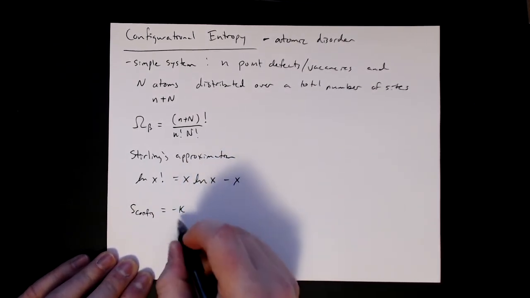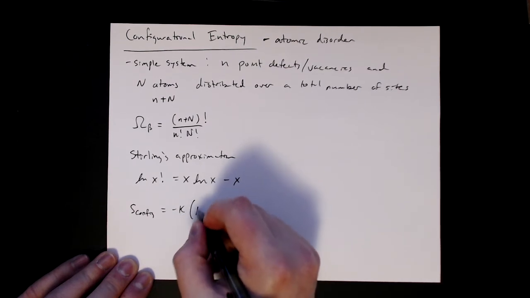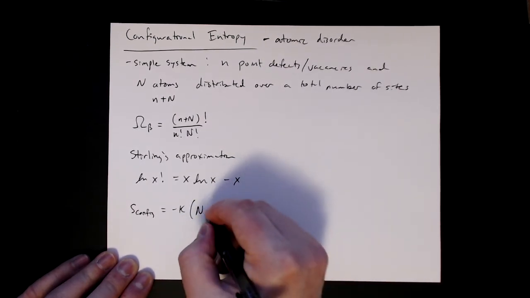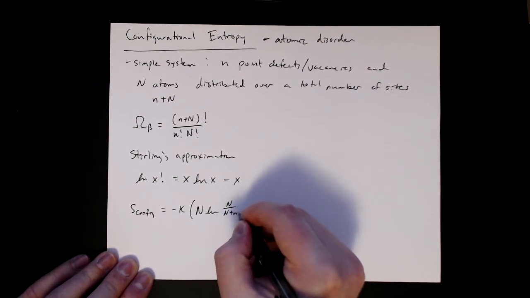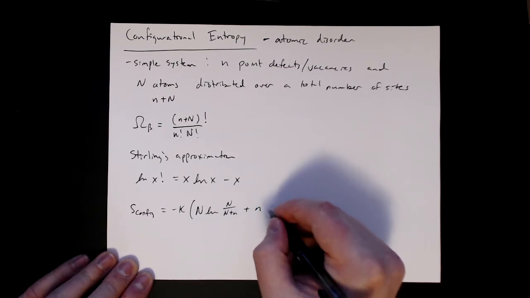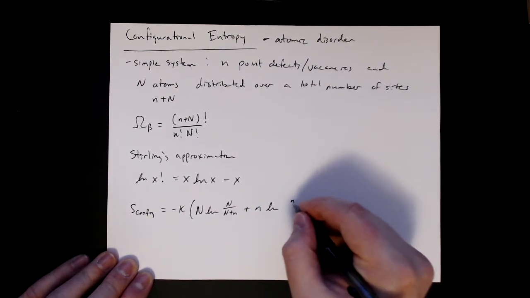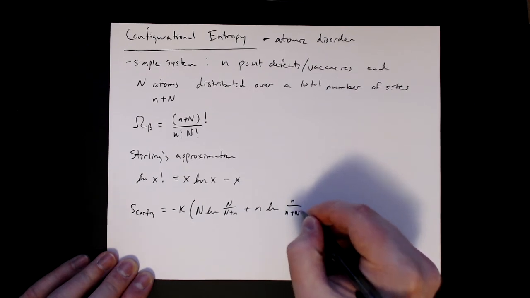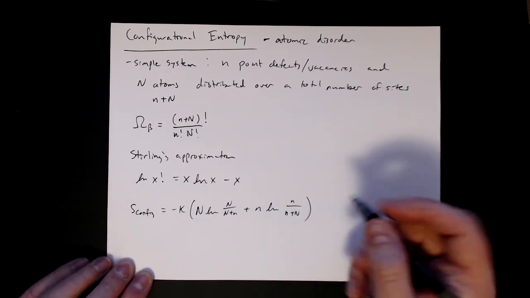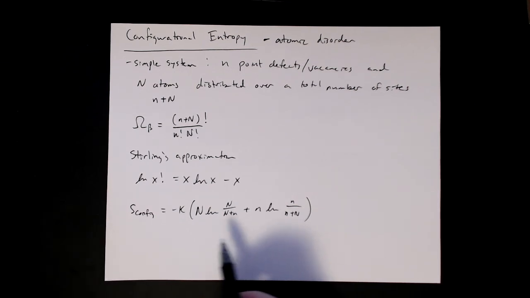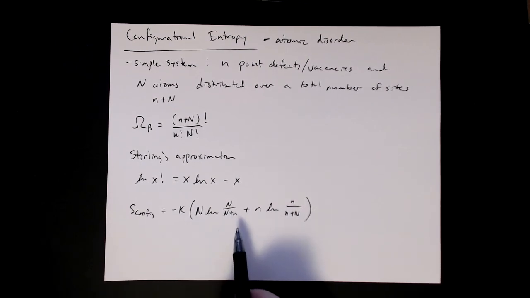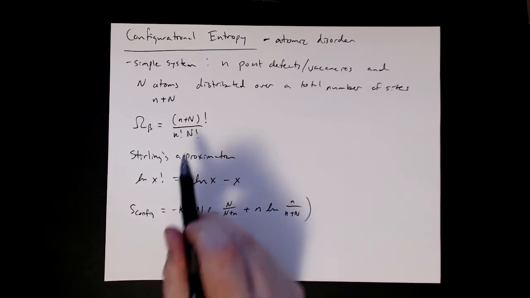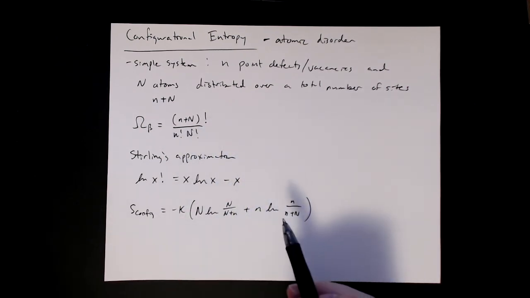So we have minus k times capital N natural log of capital N over (n plus capital N), plus lowercase n times natural log of lowercase n over (n plus capital N). So this gives us an expression for calculating the configurational entropy at constant energy for this simple system of vacancies and atoms, using this approximation and looking at the total number of distributions.